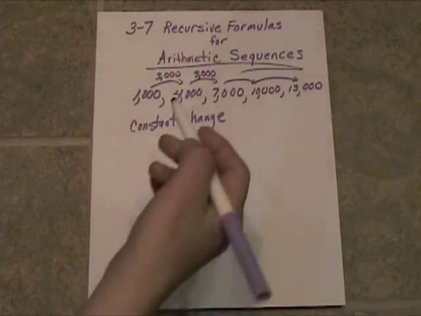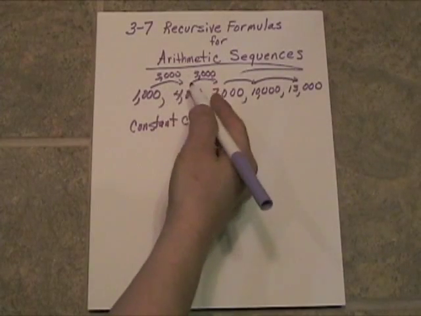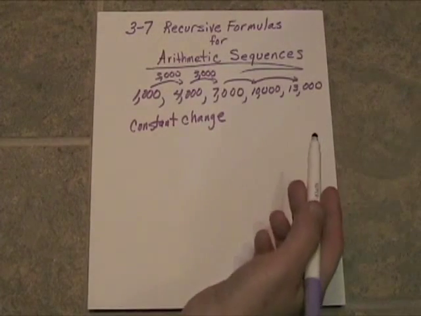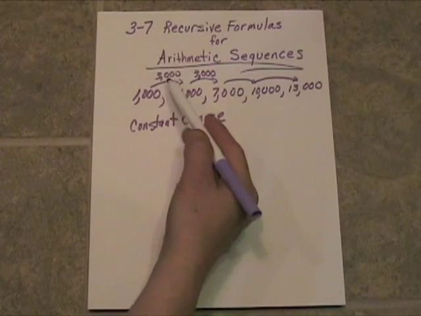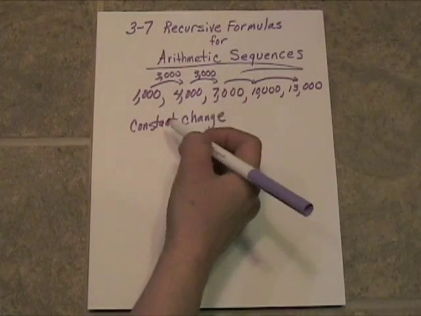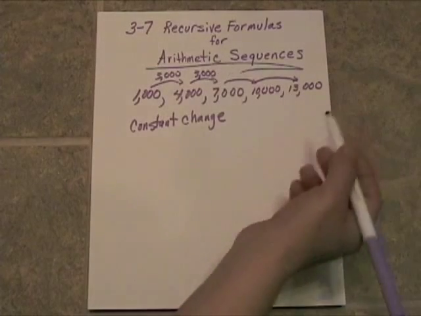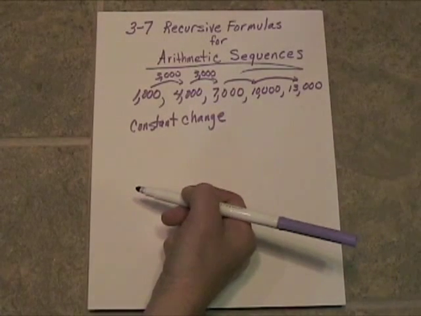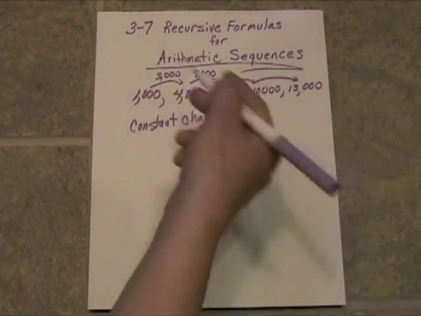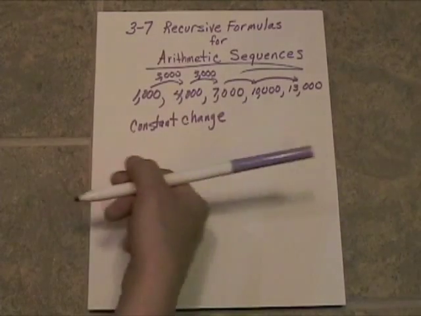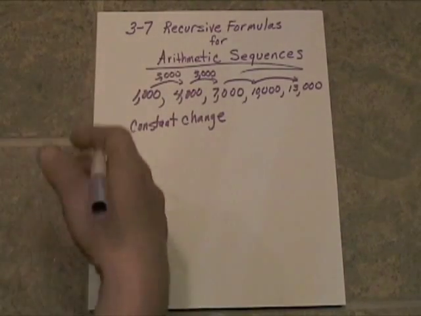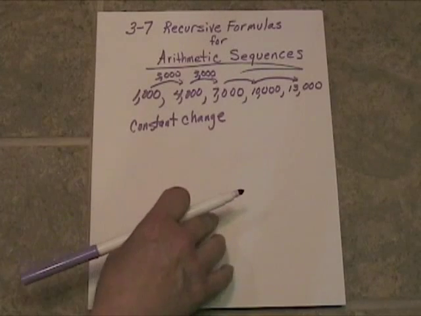Now, in this case, the change is a sum. The numbers are getting larger as we go, and they are being added by 3,000. Okay? So, we've got a constant sum. It's also possible to create problems where you've got a constant difference, where you keep subtracting the same number over and over.